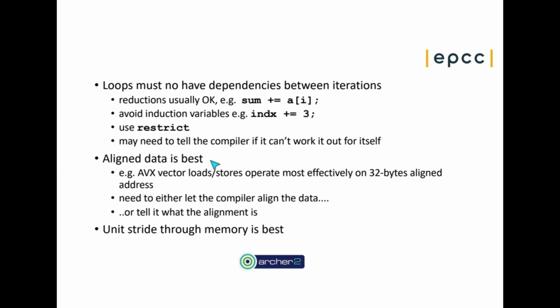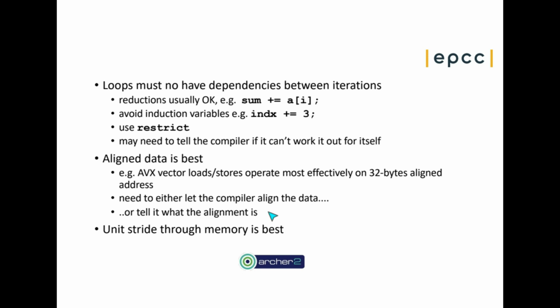And then also you have to care about the alignment of data. The vectorized loads and stores are most effective if they are operating on 32-byte aligned addresses. So you either let the compiler do its job, or if the compiler can't work it out, you need to tell the compiler what the alignment is. We'll come back and talk more about alignment later on.